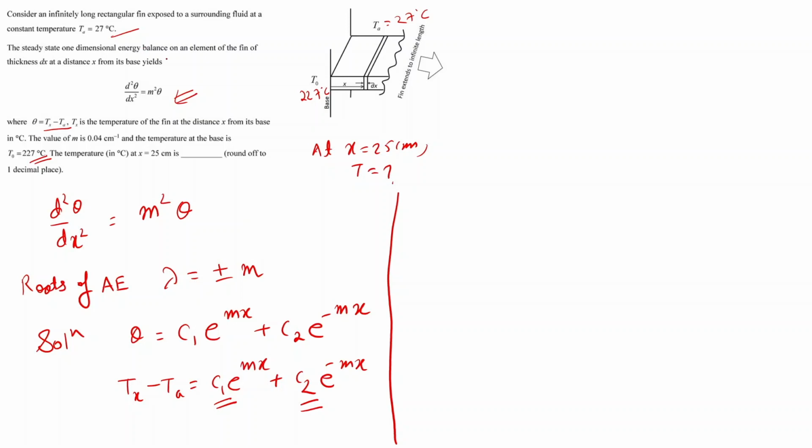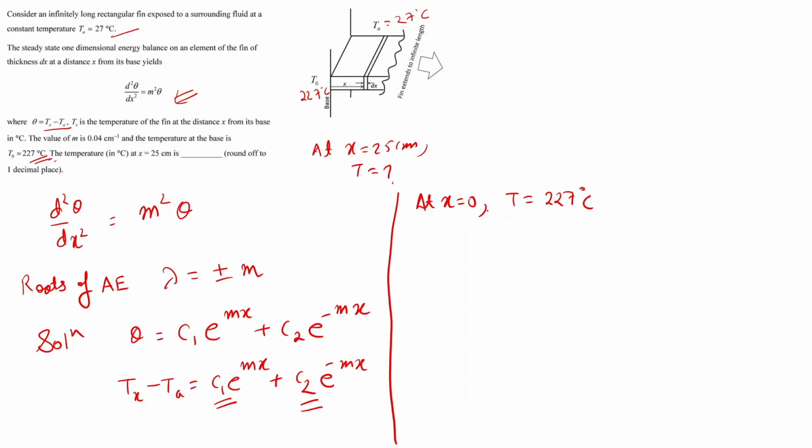Okay, so we can write that at x equal to 0, the temperature is given as T equal to 227 degrees Celsius. So this we can write from here.